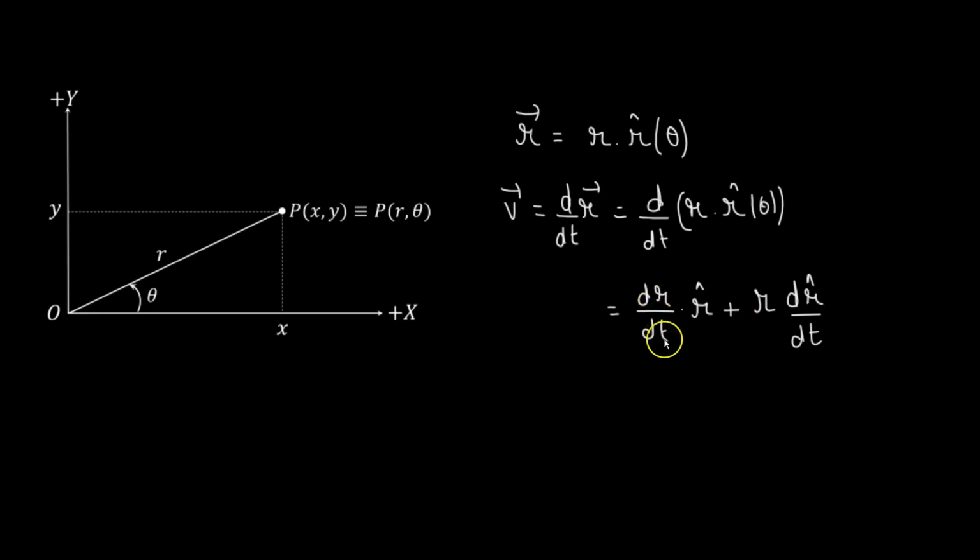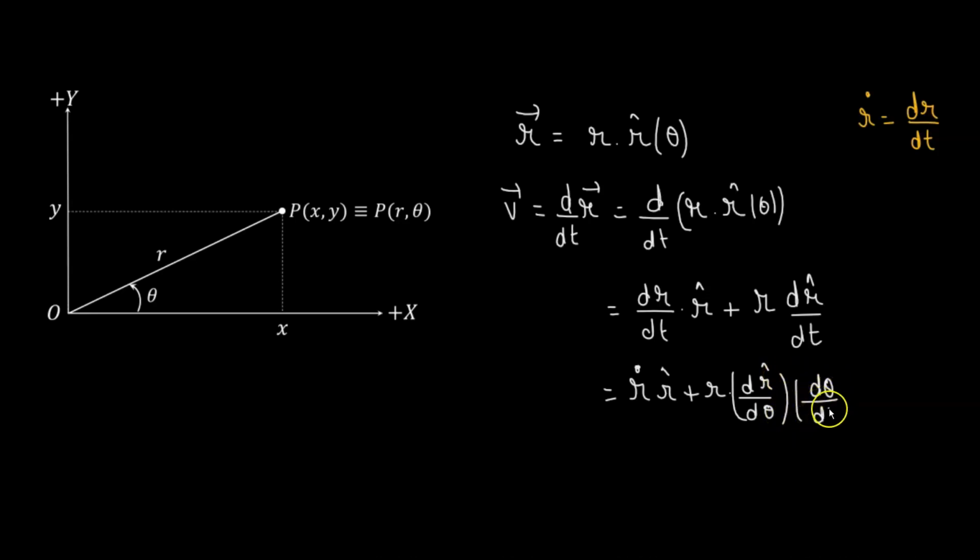Now dr over dt is simply the time derivative of distance r, so that will be replaced with r dot r cap, where r dot is simply dr over dt, plus r times dr cap over dt. This can also be written as dr cap over d theta times d theta over dt.